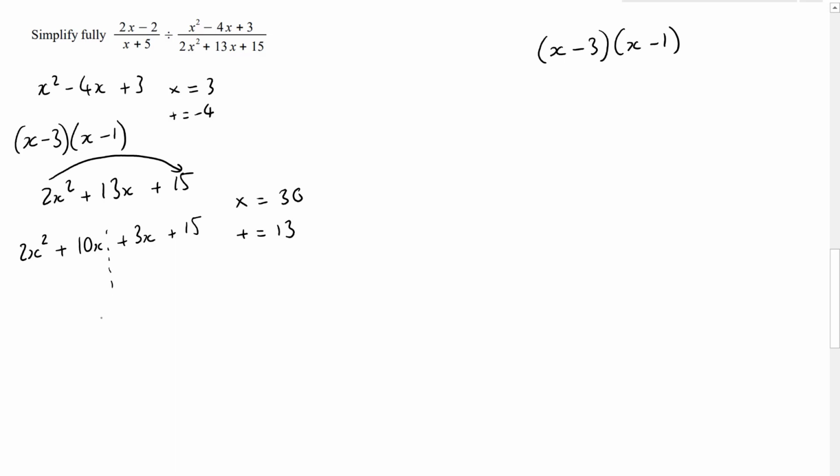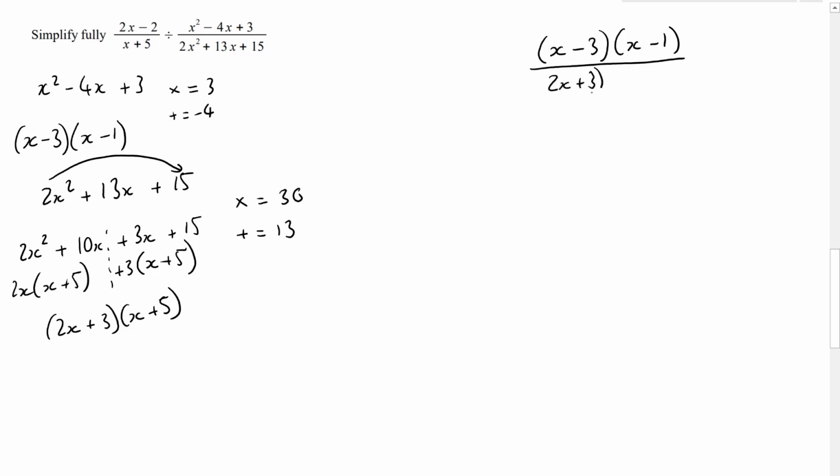We factorize down the middle. We get 2x times x plus 5, and this becomes plus 3 times x plus 5. Then we pull that together, we get 2x plus 3 and x plus 5. So we can put that over, we get 2x plus 3 multiplied by x plus 5.